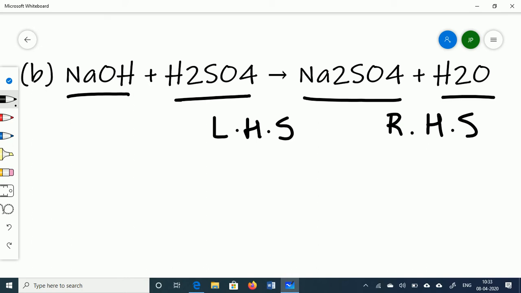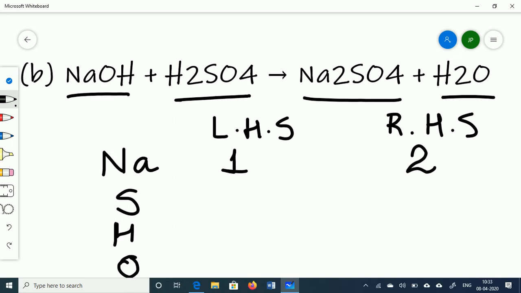We will first write the elements. Sodium is involved here, sulfur is there, hydrogen is there, and oxygen is there, right? Number of sodium on both sides: here the sodium is 1, here sodium is 2. Sulfur is 1, while here sulfur is also 1.